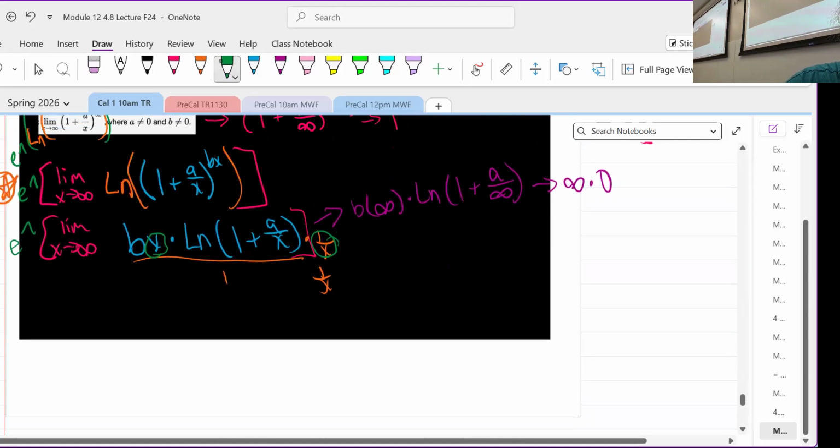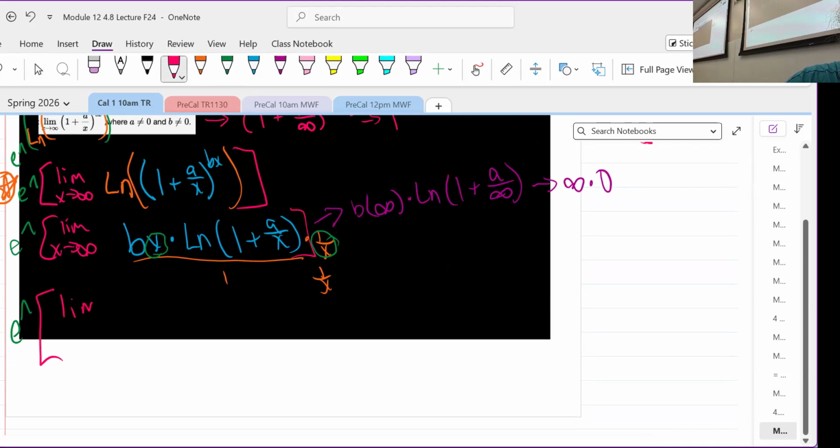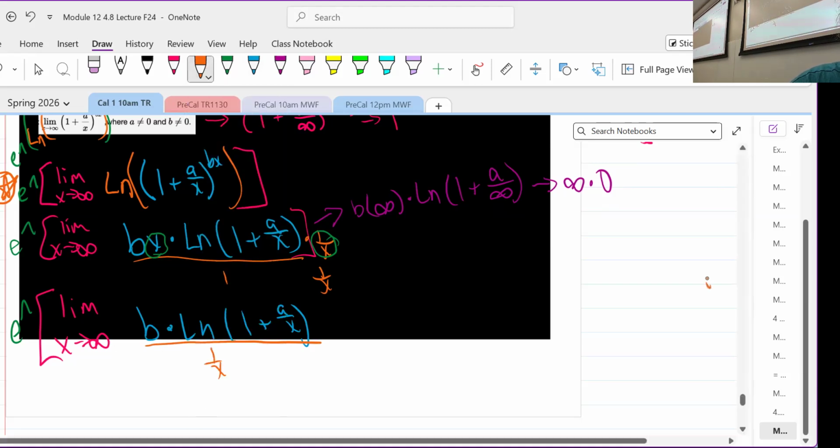All right, so I still have my e to the out front. I still have my limit. So now I have b times the natural log of 1 plus a over x over 1 over x. Now when I plug in infinity, the top is the natural log of 1 plus a constant over infinity, which is the natural log of 1, which is 0.